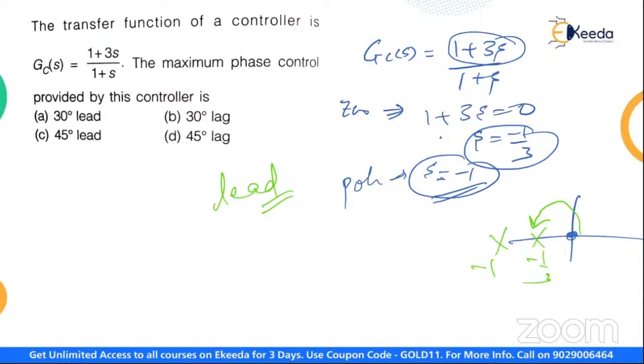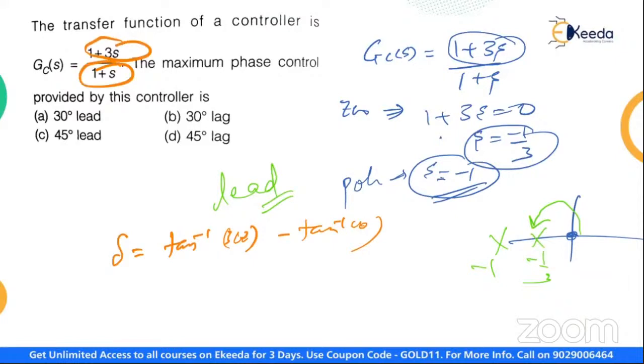Now, what is the total phase? Let us consider delta, which is tan inverse of 3 omega minus tan inverse of omega, meaning the angle on top minus the angle on the bottom. So let us differentiate it. d by d omega equal to 3 by 1 plus 9 omega squared minus 1 upon 1 plus omega squared equal to 0.